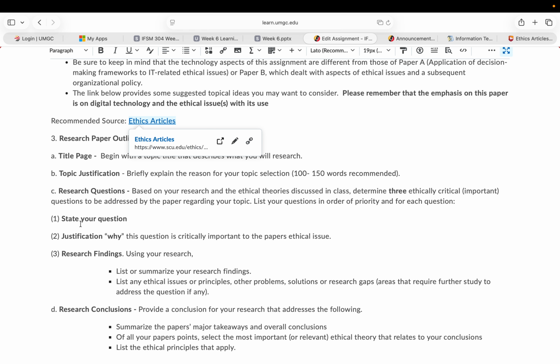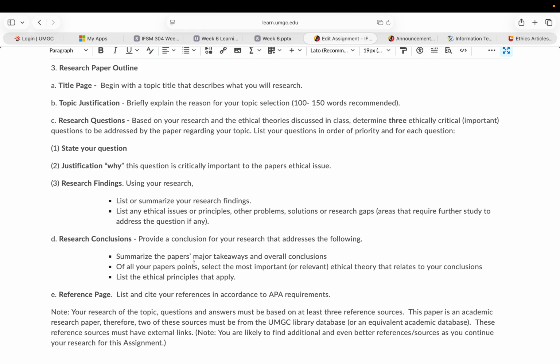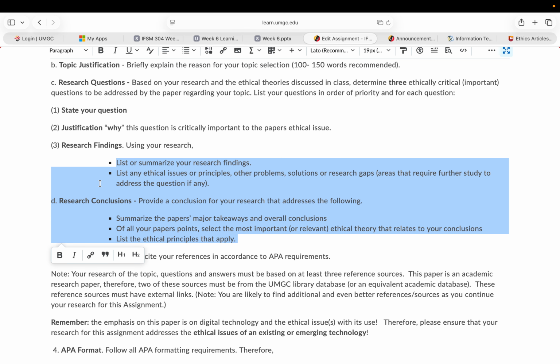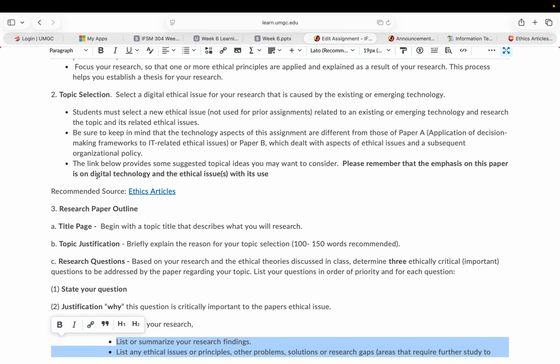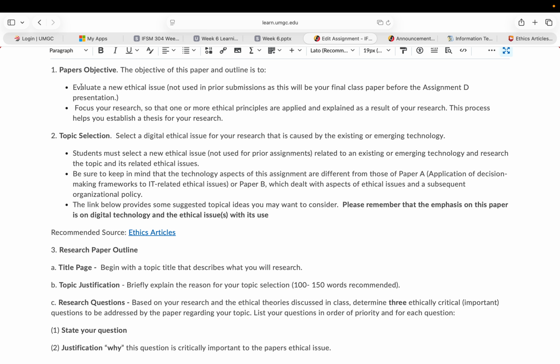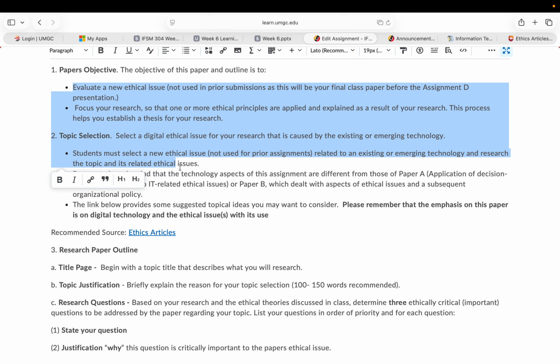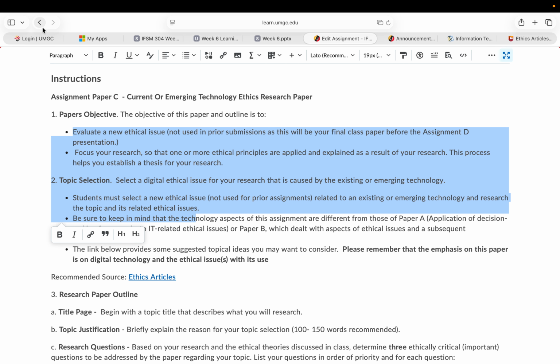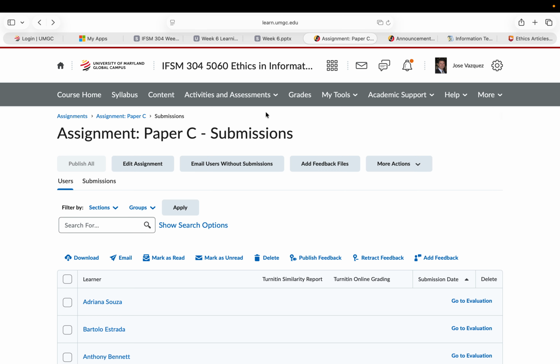This is your paper C. State your question, justify why, research conclusions, and again, all the elements you need to do the assignment are in paragraph 3, with the other, I guess we'll call it, instructions in paragraphs 1 and 2. Very easy to do.